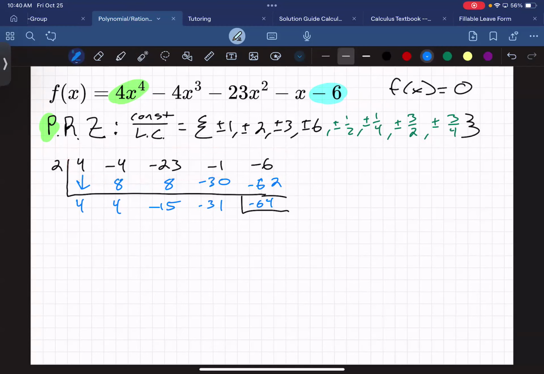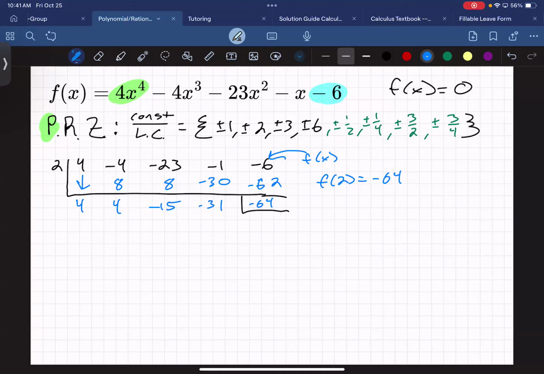So make sure you see here. This is f of x. Because of that, we now know that f of 2 is equal to what? If I plug in 2 into my function, what does it equal? -64. So make sure you note that. Like, hey, it's not 0, so it's not helping me here. But you found a point you can use for graphing later.